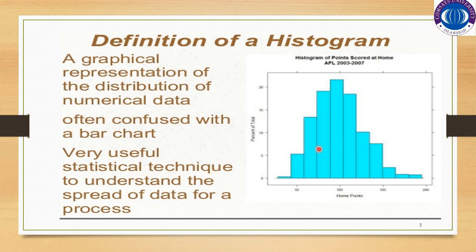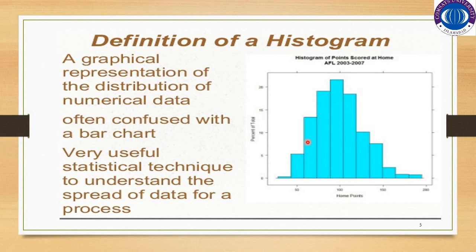So this is the way a histogram looks: a graphical representation of the distribution of numerical data. This is basically the graphical distribution, and we often confuse it with a bar chart. It is a very useful statistical technique to understand the spread of data for our process. As you can see, we have an x-axis, a y-axis, and rectangles. One thing to concentrate on is that the rectangles are connected with each other.